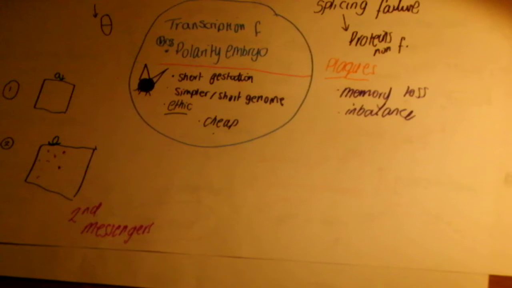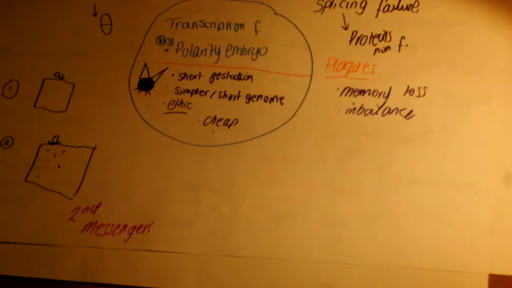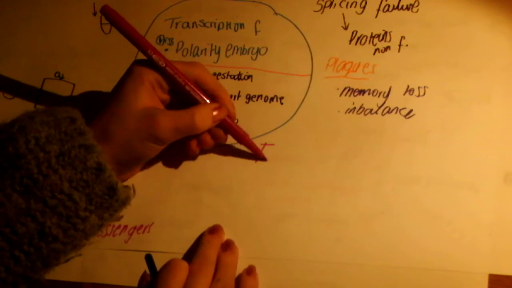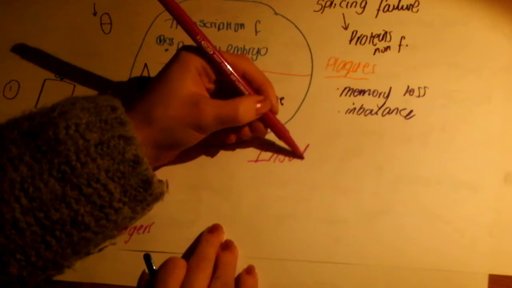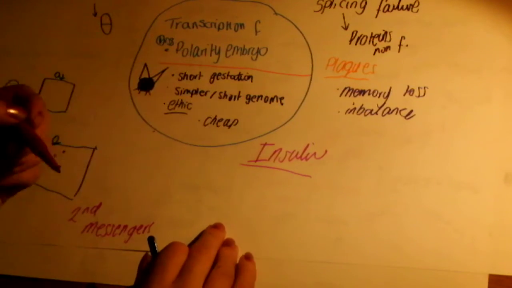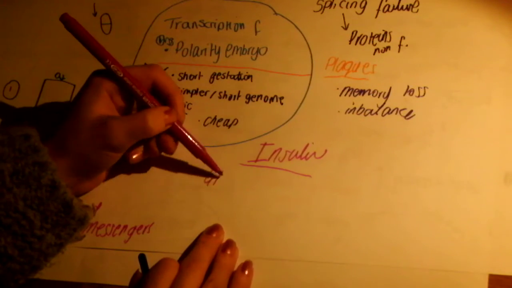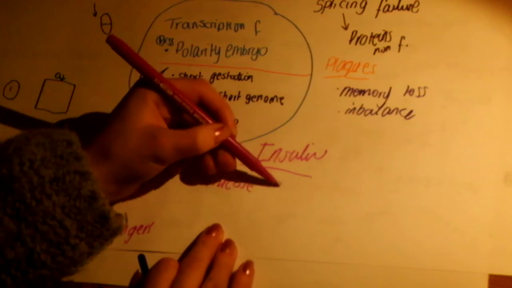Insulin, for example, regulates the blood sugar when you don't have enough sugar. It converts glucose into glycogen, for which it is very well known.